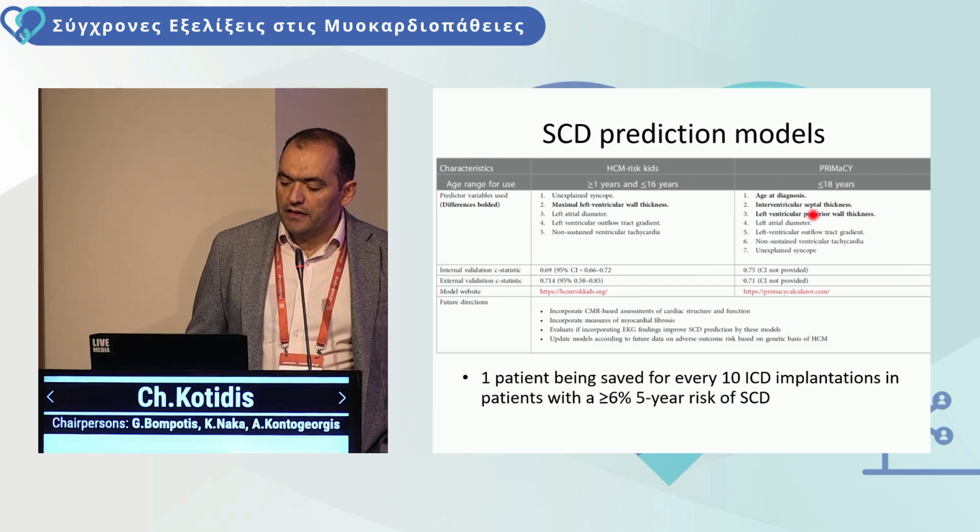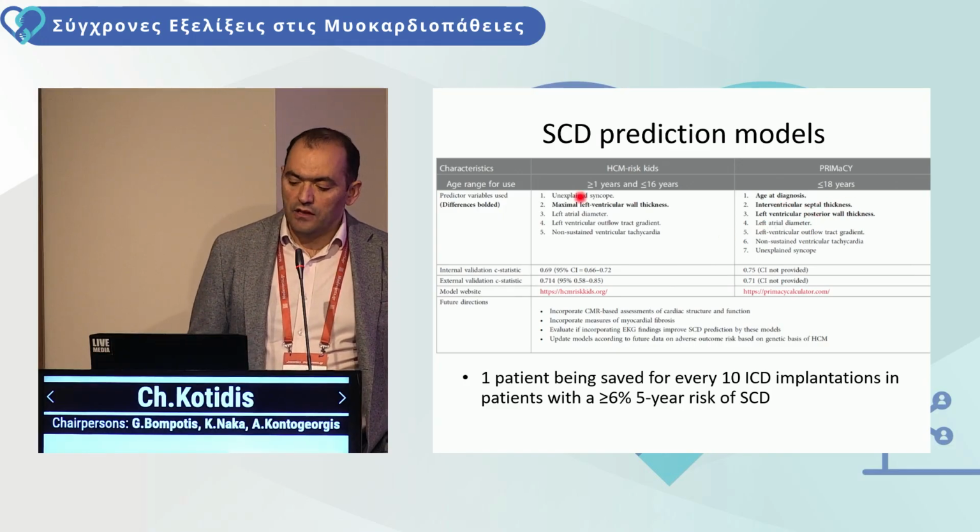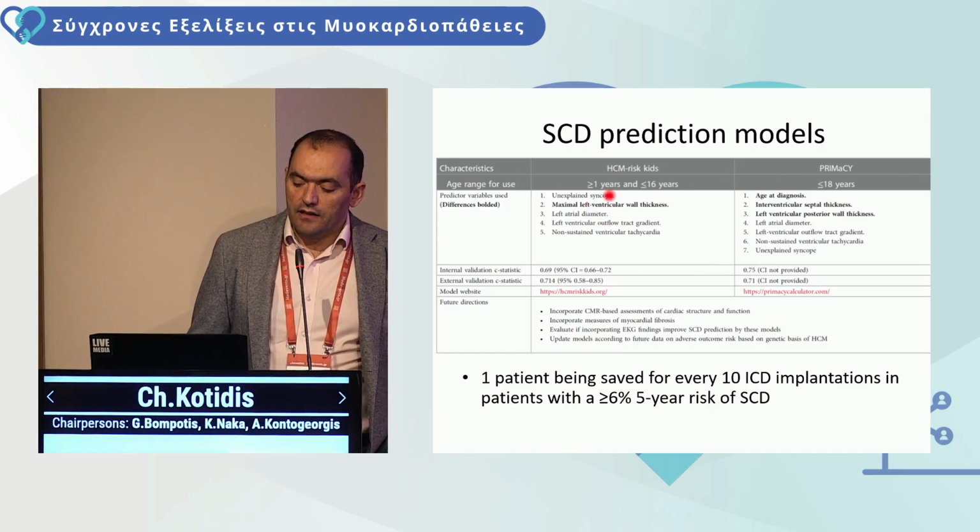The group from America has both interventricular septal thickness and left ventricular posterior wall thickness in their model, and this is combined into one risk factor in the European risk stratification model.